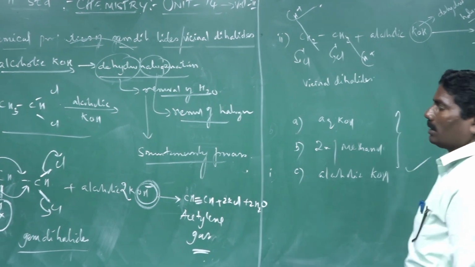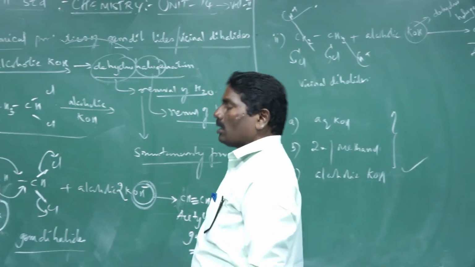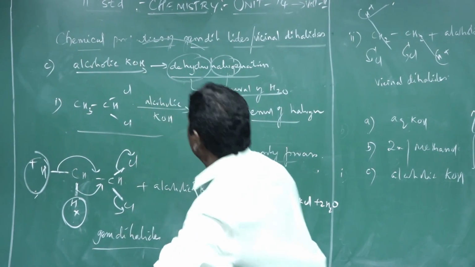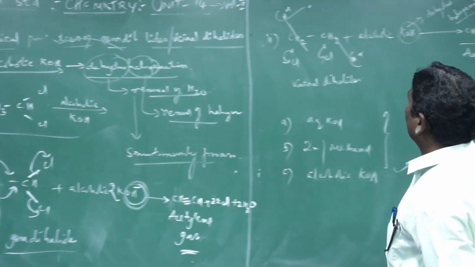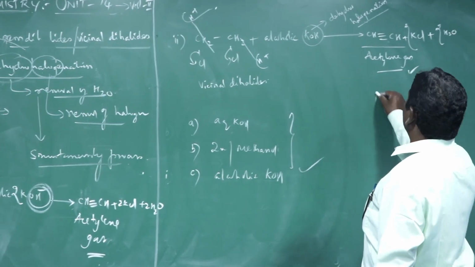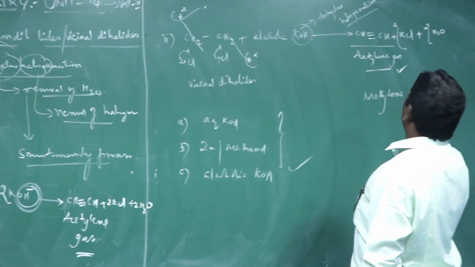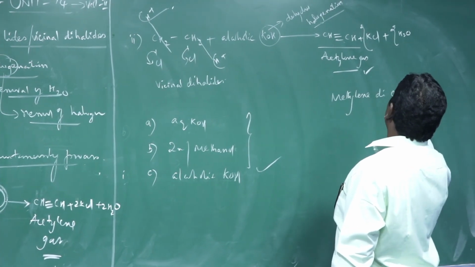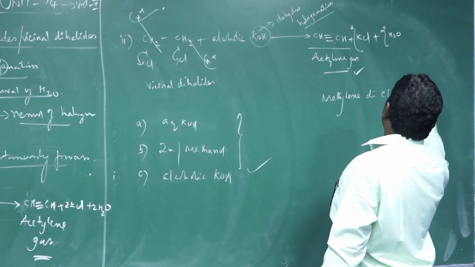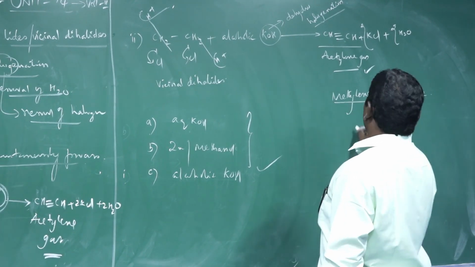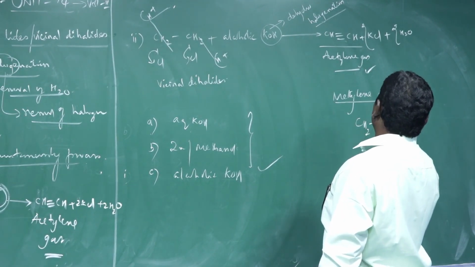Next we are going to see the third compound. What is the third compound? This is methylene dichloride. You know the structure for methylene dichloride, CH2Cl2.